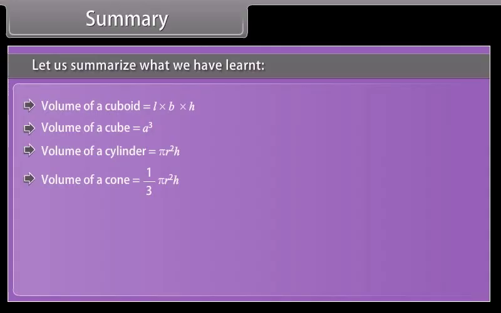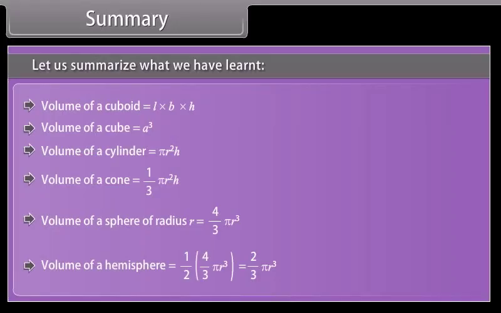Volume of a cone is equal to 1 upon 3 pi r square h. Volume of a sphere of radius r is equal to 4 upon 3 pi r cube. Volume of a hemisphere is equal to 1 upon 2 into 4 upon 3 into pi r cube, which is equal to 2 upon 3 pi r cube.